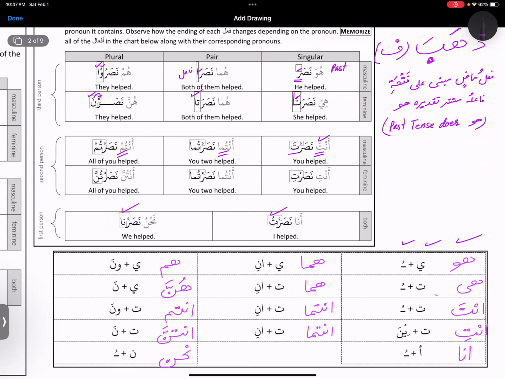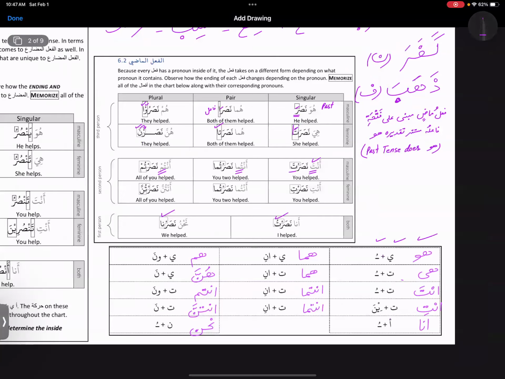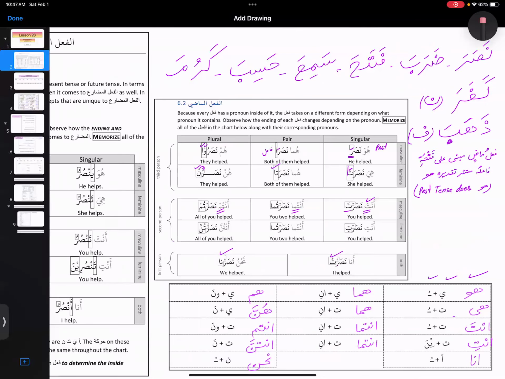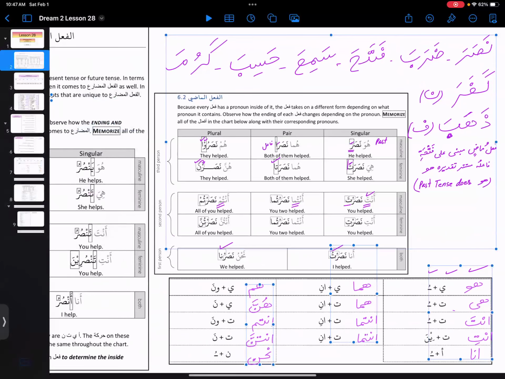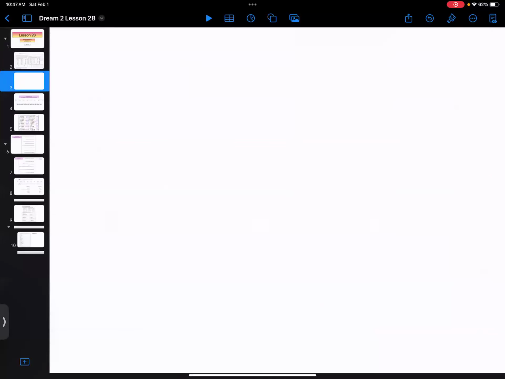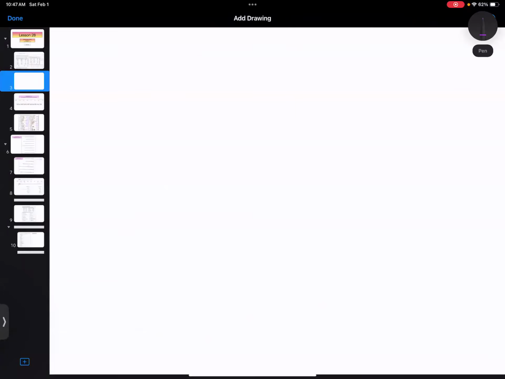So if we apply that, nasara will become what? Yansuru, right? Yansuru. And now it was naswara, right?